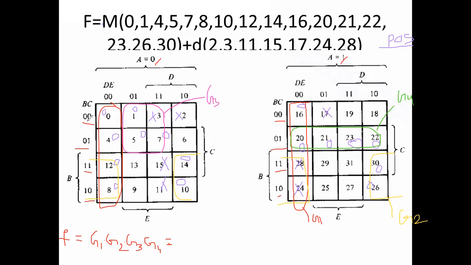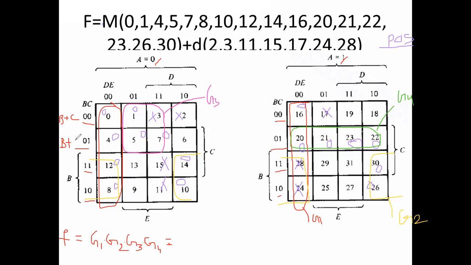So BC, 0 0 means B plus C. 0 1 means B plus C bar.